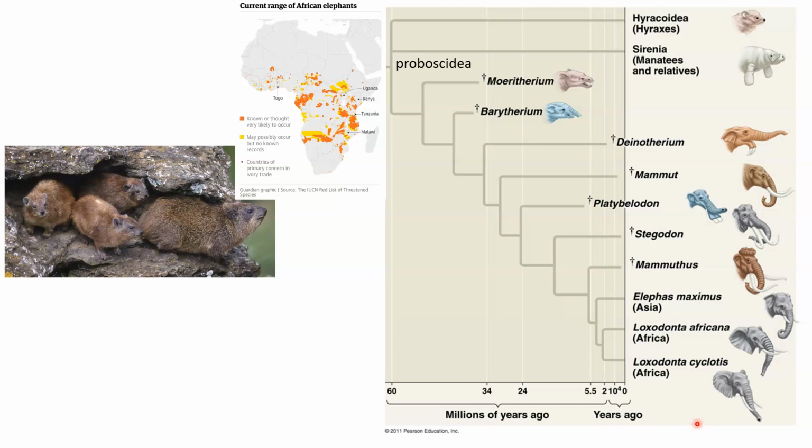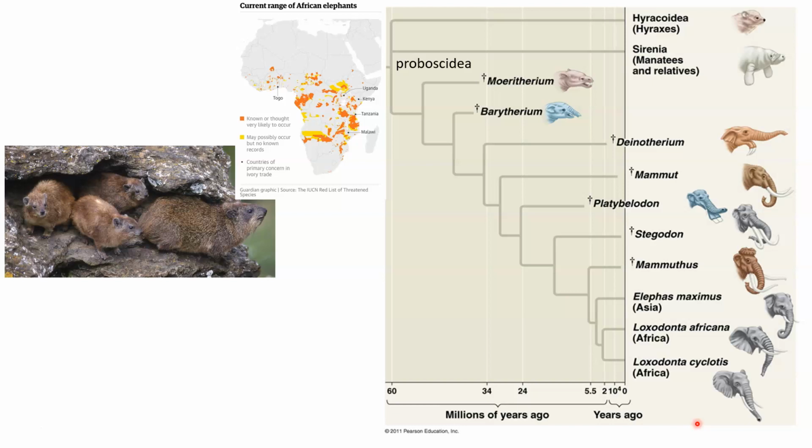Maybe you have indirect evidence like dung, but you don't have direct observations. So those red/orange range areas are localities of high confidence for occurrence of African elephants.